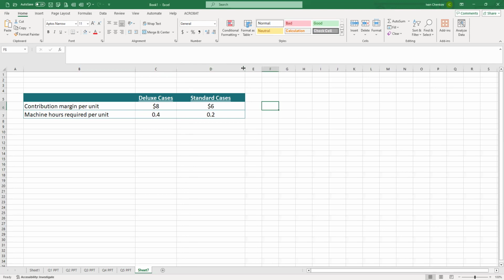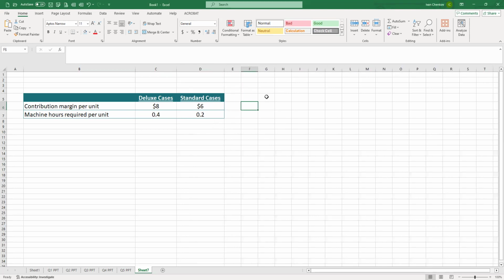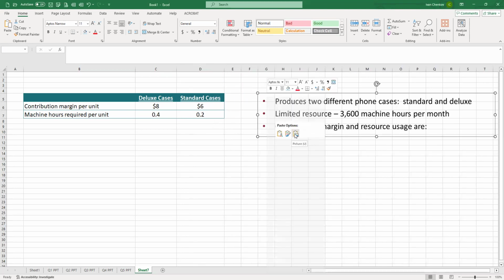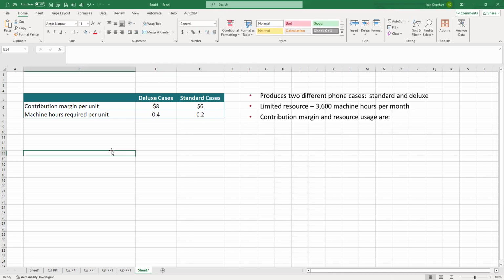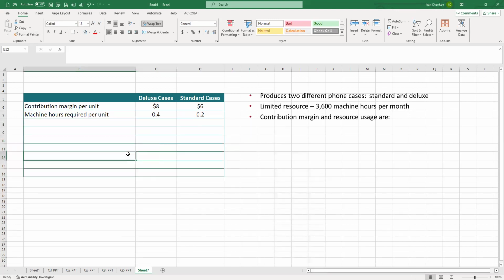The decision rule here is we're gonna go with the product that generates the maximum contribution margin within the limited resource. For that reason, what we have to do is something very simple. First, I have to flip to the Excel spreadsheet, and second, we're gonna go with the assumptions.